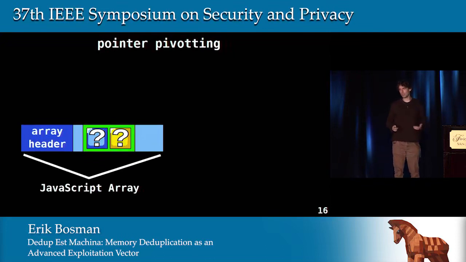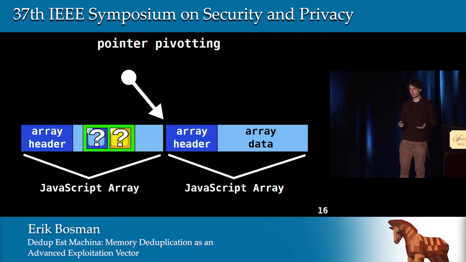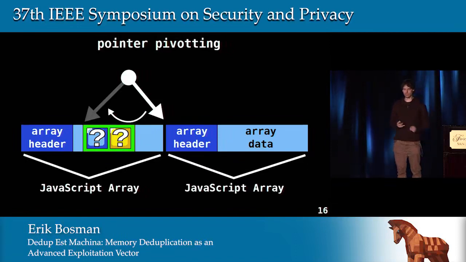So what we do is we create this object inside an existing data structure, a JavaScript array, and then we have another one right next to it. And now we need to pivot a reference to the second array onto the first, onto our fake object.